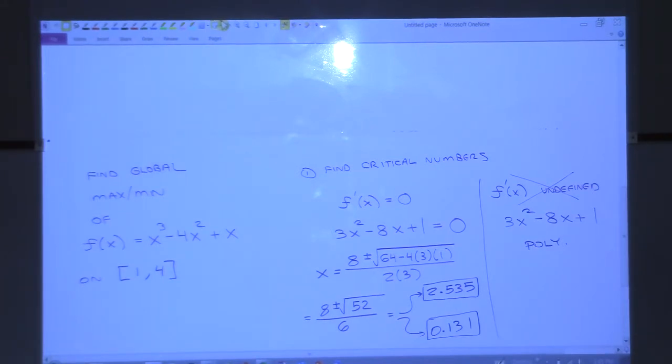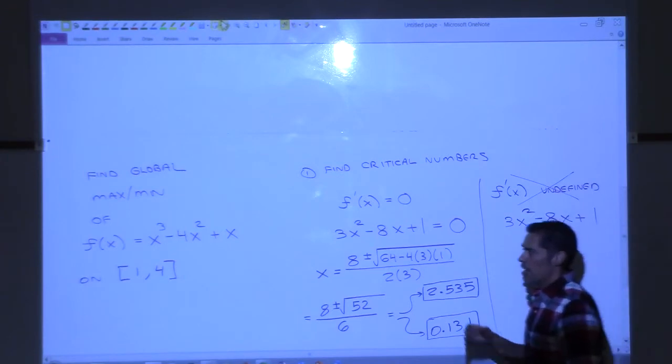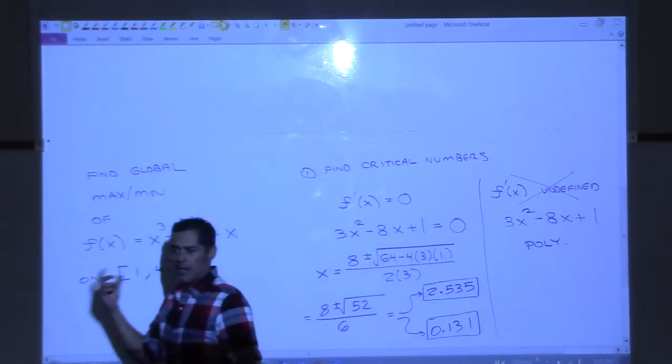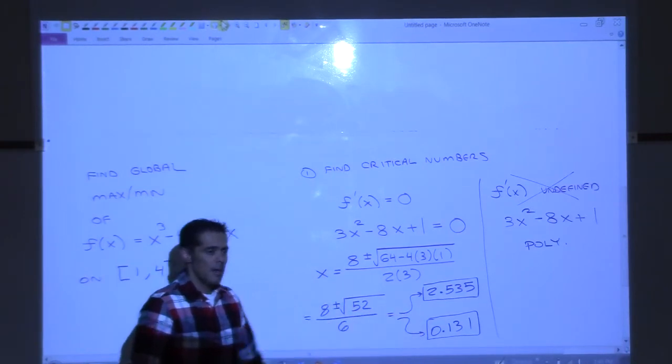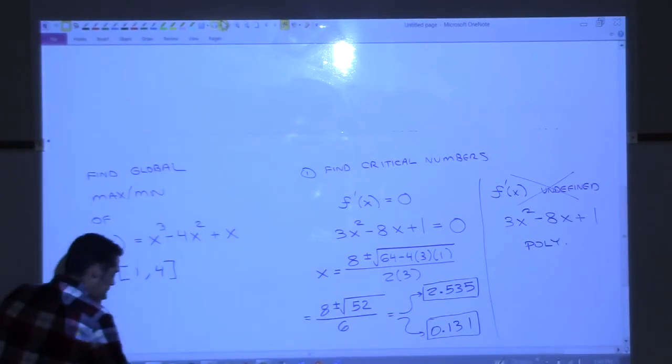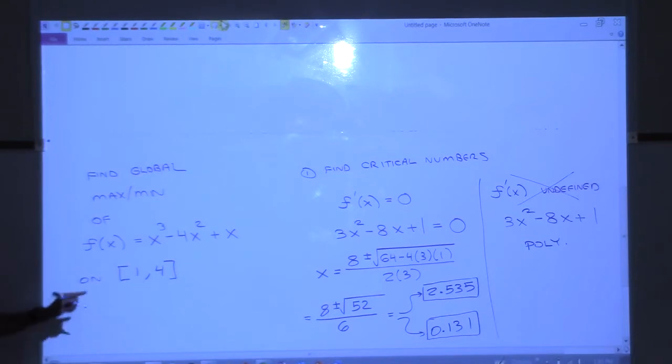Now, the next thing I'm supposed to do is take the endpoints and do something with those, and then take these and do something with those. But there's a problem. Does anyone see the problem with my critical numbers? Oh, that one's not in the interval. One of those doesn't live here, right?